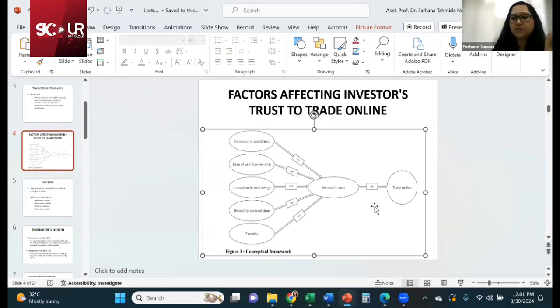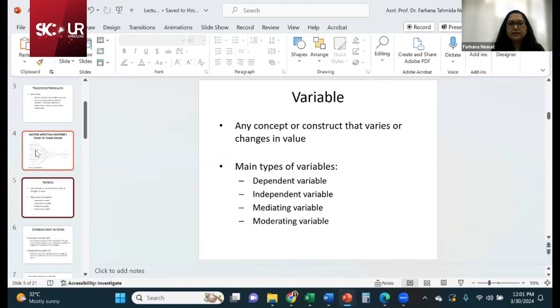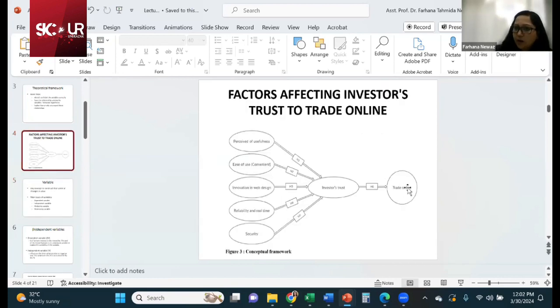So here, trade online will be your dependent variable, and the left-hand side factors will be called independent variables. Ultimately, trading online or investors' trust depends on all these variables.